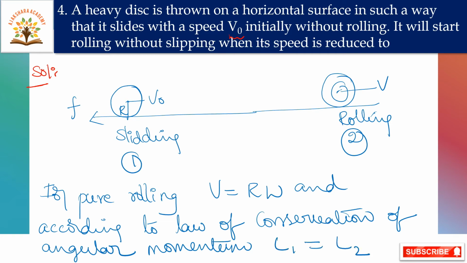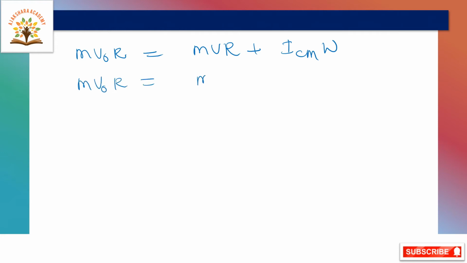Now L1 is equal to m v0 r, which is equal to L2, which is m v r plus ICM into omega. Now m v0 r is equal to m v r plus the moment of inertia, which is m r square by 2, times omega, which is v by r.